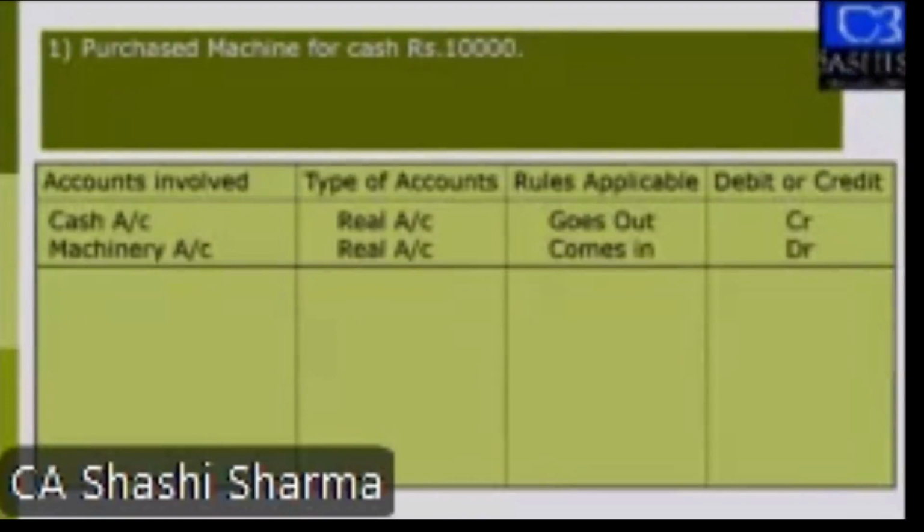The main columns in this analysis are accounts involved, the first column, and the last column. The 2 middle columns will go inside your mind. You have to think about it.